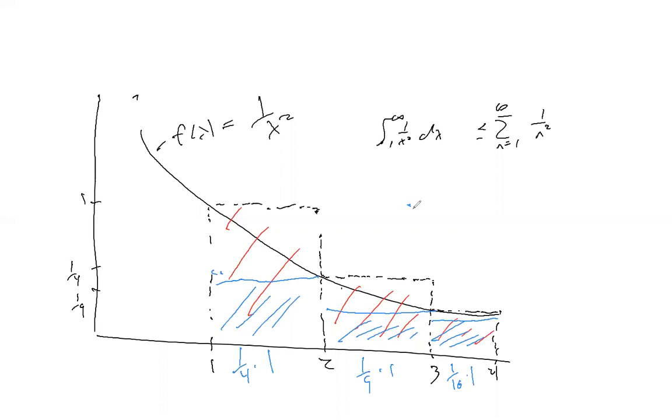That would be the sum from n equals 2 to infinity of 1 over n squared, meaning it's my same series, but instead of starting at 1, it's starting at 2, right? My first term would be 1/4. Okay, so I would start my series at 2. And I know this is smaller than my area.